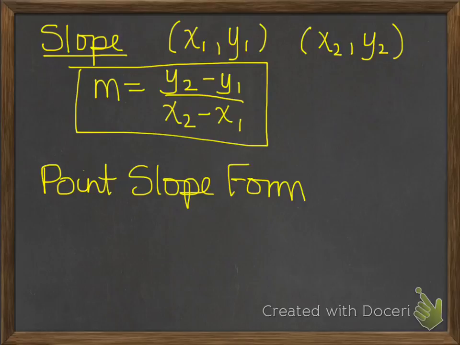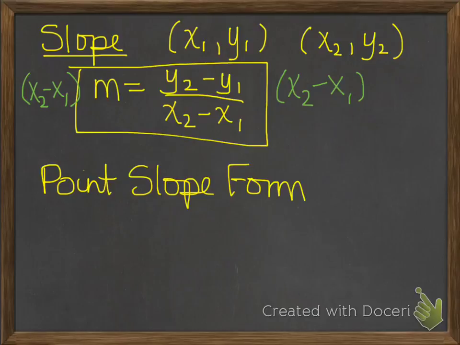Point slope form just relies on rearranging the slope equation right here. I'm going to take the slope equation and multiply both sides of it by this quantity, x2 minus x1, and over here, x2 minus x1.